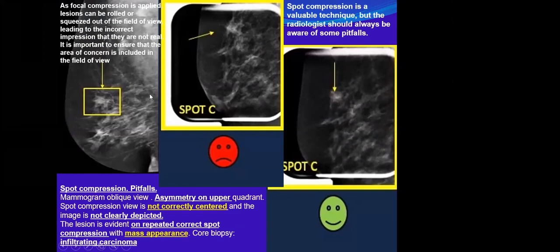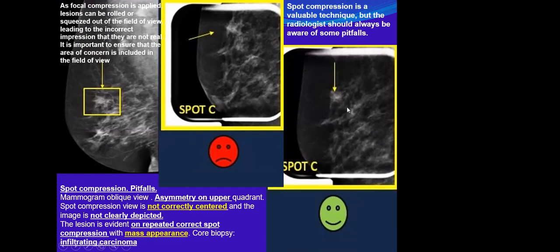In this example, there is an asymmetry here. This is the spot compression, but the asymmetry was not at the center of the compression, it was at the periphery. You see? It is seen as in the standard view, and doesn't show much change.